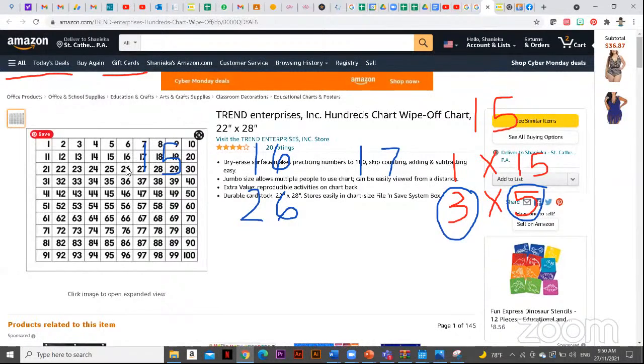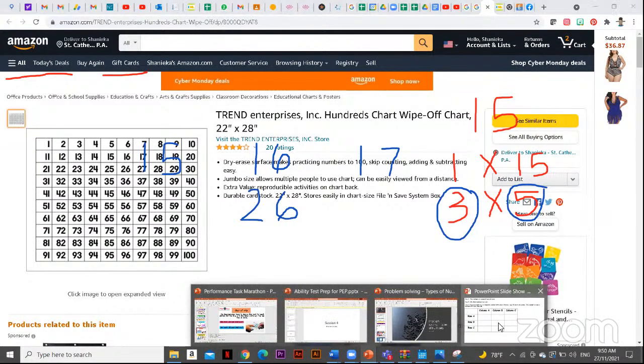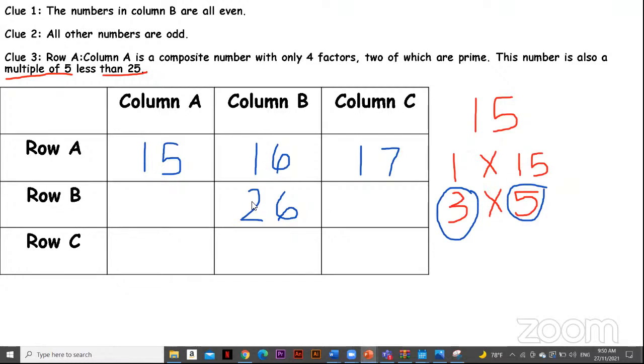Below 16, if we add 10 to 16, we get 26. And below that, we have 36 and then 46. Because the rule, as we have established already, is that when we're going down in the same column, just below that number, we add 10 to get the other number. So let's go back here. We have 16, 26, and I see someone saying row C, column B is 36.